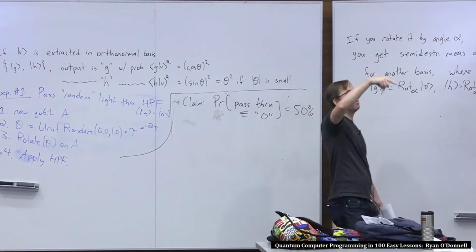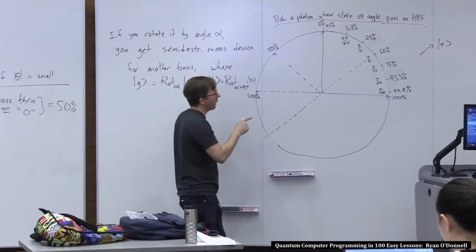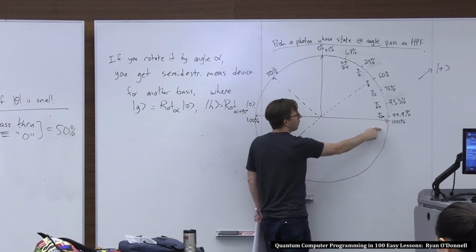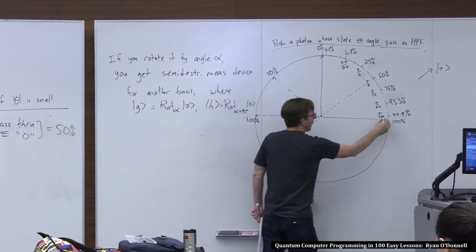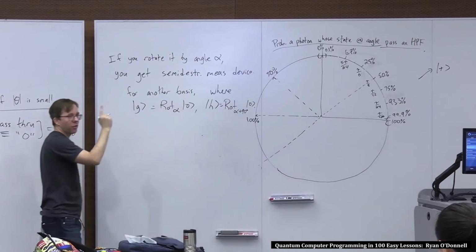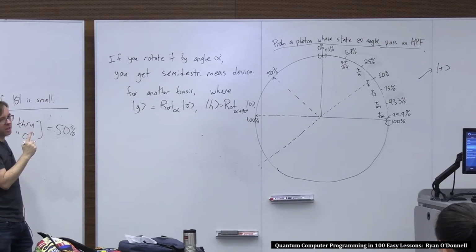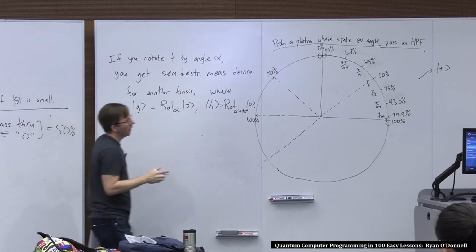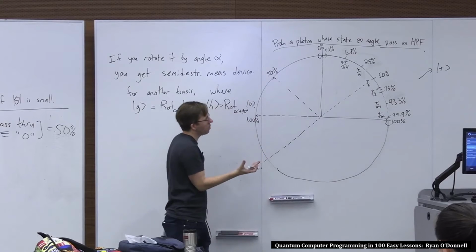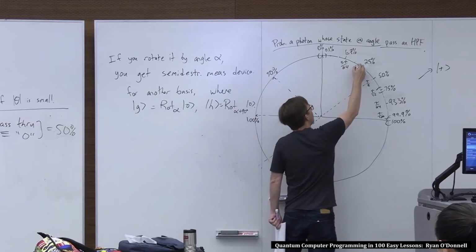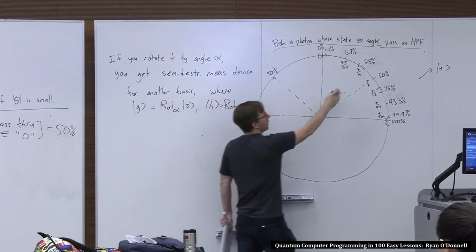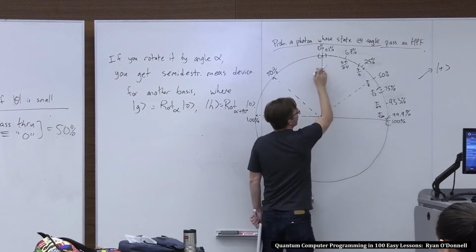So by chance, the photon might come out pointing really close to horizontal, and then that photon would have a 100% chance of getting through. But it's equally likely that it would come out pointing really close to vertical, in which case it would have a 0% chance of going through. Similarly, the photon might come out around here, in which case it would have a 75% chance, but it's equally likely to come out here, in which case it has a 25% chance. And 75% and 25% average to 50%, and same with this and this.